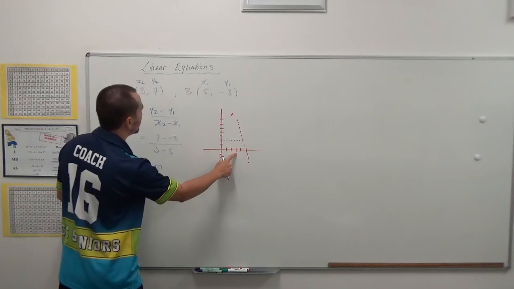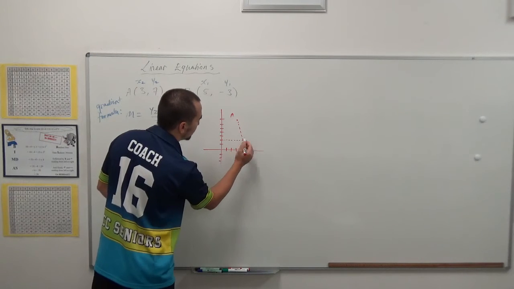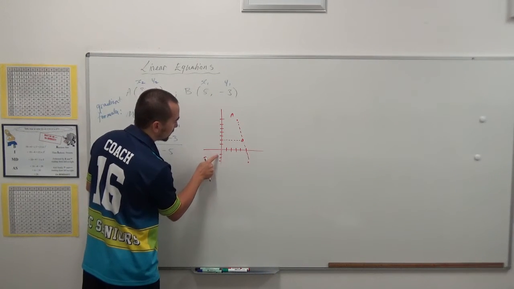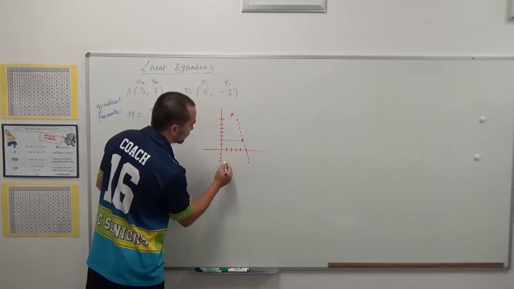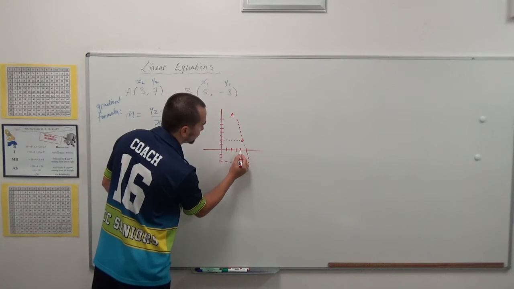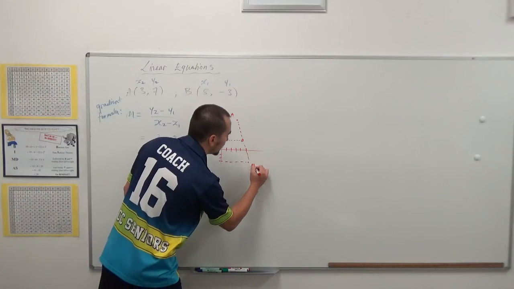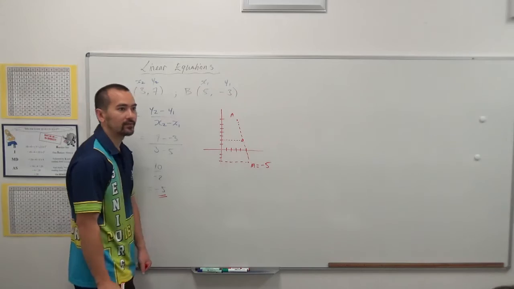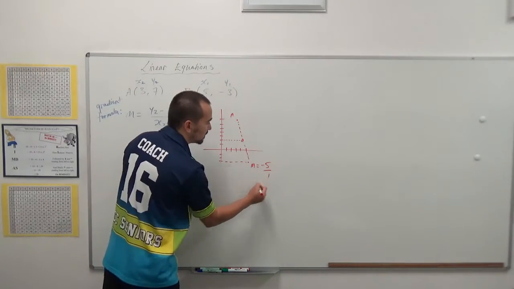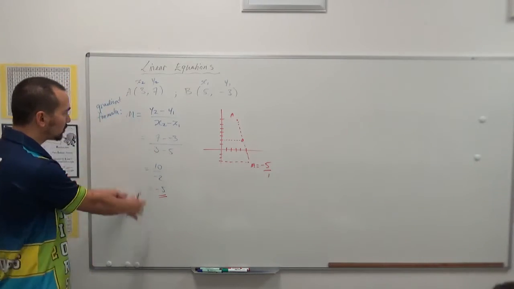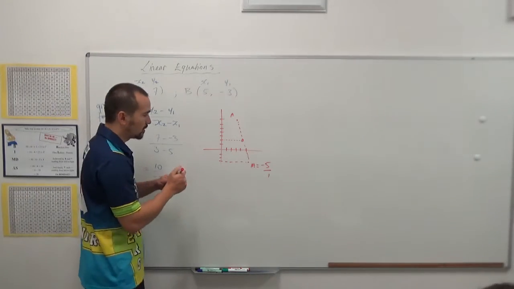From 3, we should have gone 1 across to there, so that looks alright. And then if we go down 5 again, 1, 2, 3, 4, 5, we should have gone across from there to there, and we did. So that looks right. So this is the gradient, m is equal to negative 5. That was our rise over our run. Yeah, makes sense? Yes. Algebraically, graphically.